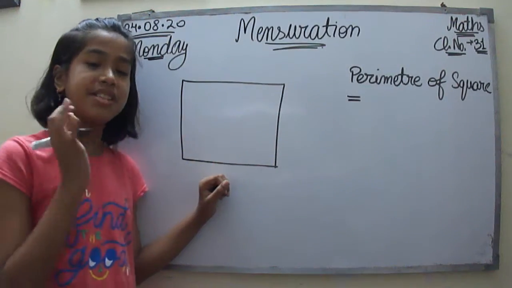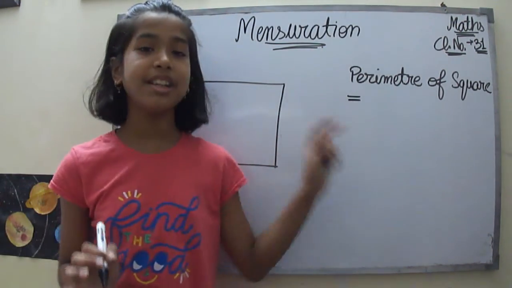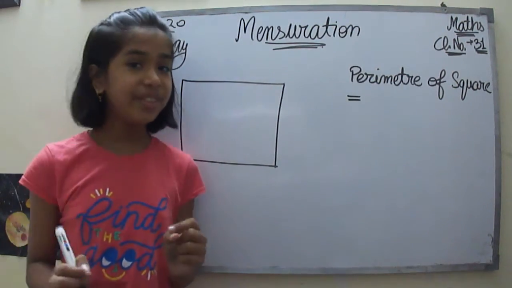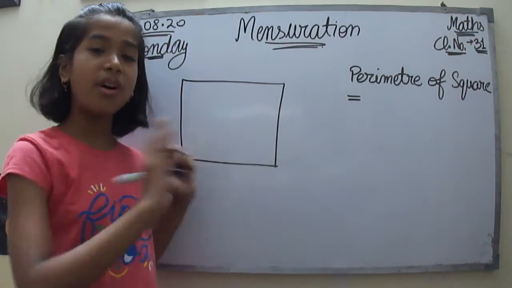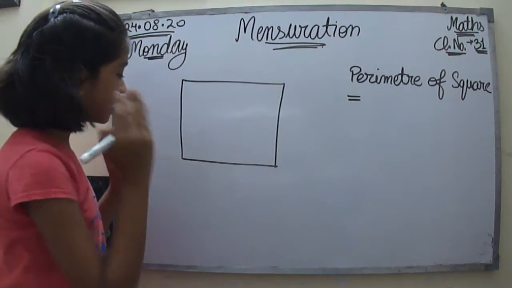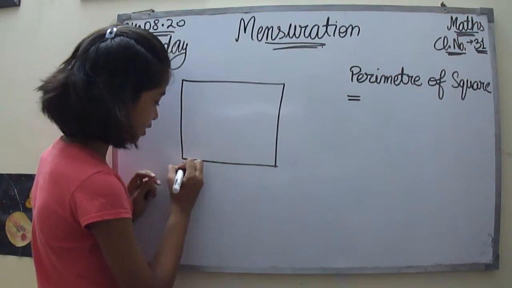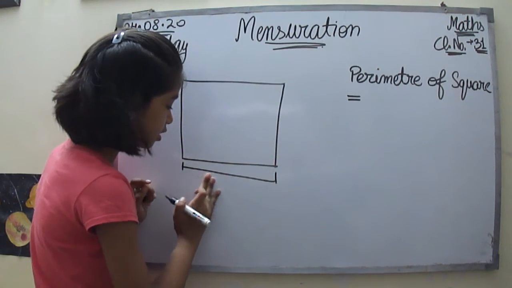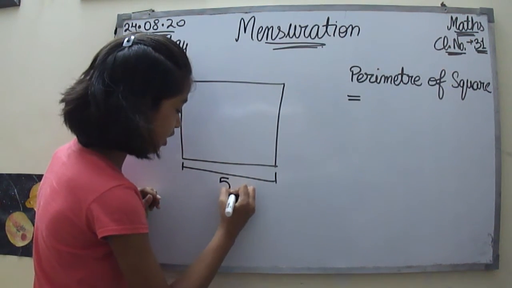For measuring the perimeter of the square, what do we need to do? We need to add the lengths of all its sides. Let's take that the length of each side is, let's say, 5 meters.